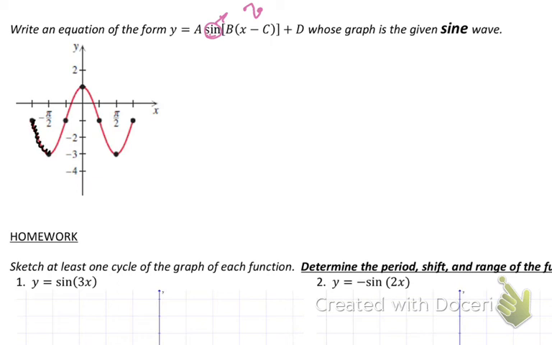Someone else in this class might have pictured this one first. They might have said, well, that's one full cycle, and that's what I'm going to focus on, Mr. Pabian. This will get you a correct answer as well. However, this one's shifted further left, it's down, and this one would be flipped. So you'd have a negative up front. Both of these would get correct answers, but they would be different answers.